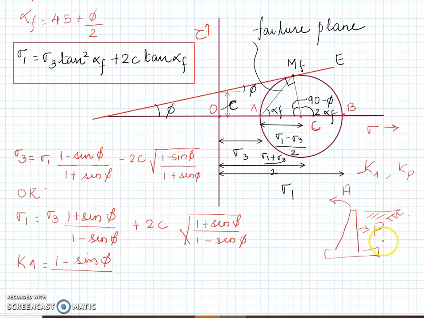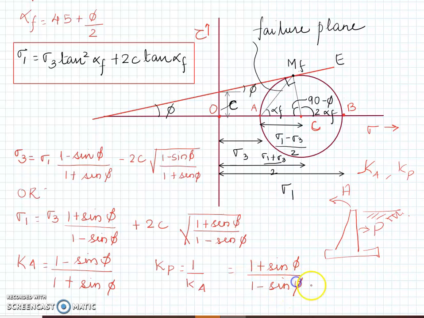I have just given you a very brief description about what is earth pressure. There is a whole chapter on it. You will learn it in detail later, or you might have already learned it. I am not sure about that. And Kp is actually 1 by Ka. So ulta, 1 plus sine of phi upon 1 minus sine of phi.